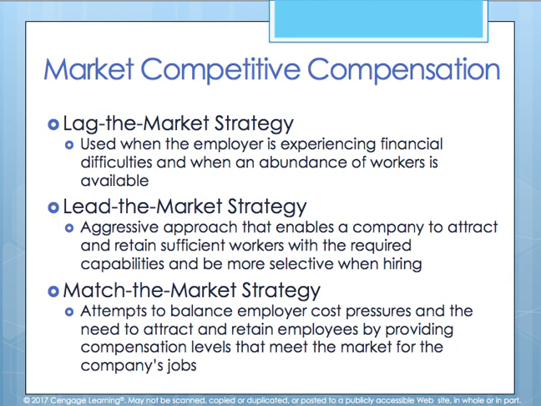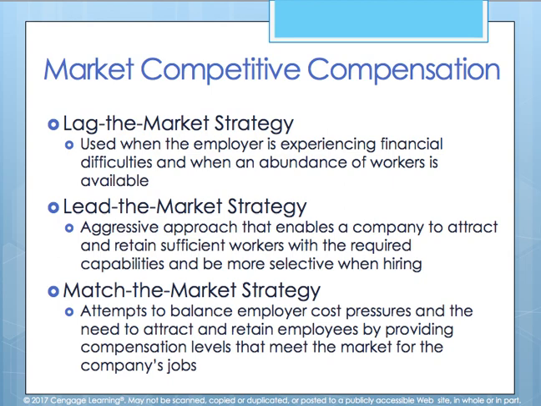Now, the lag with the market strategy is when you're having problems, your company is struggling, and there's a whole marketplace of workers available that you can just kind of pick from, but you don't have the money to go with a more aggressive strategy, and so you're kind of lagging behind.